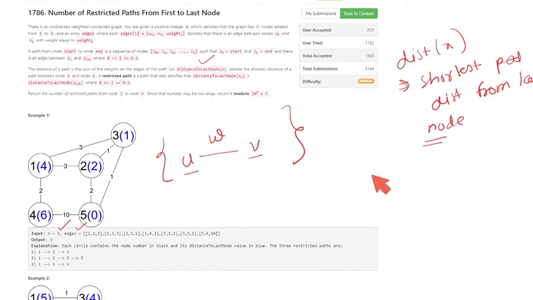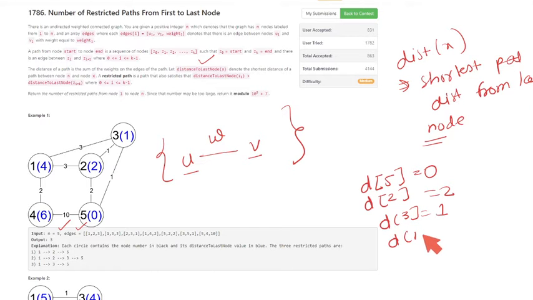D of 5 is 0, the distance between vertex 5 and 5 is 0. Similarly, d of 2 is 2, d of 3 is 1, d of 1 is 4, and d of 4 is 6. This is the first definition they have given.